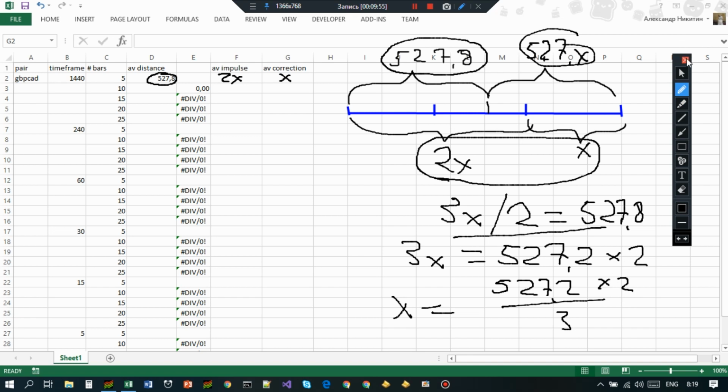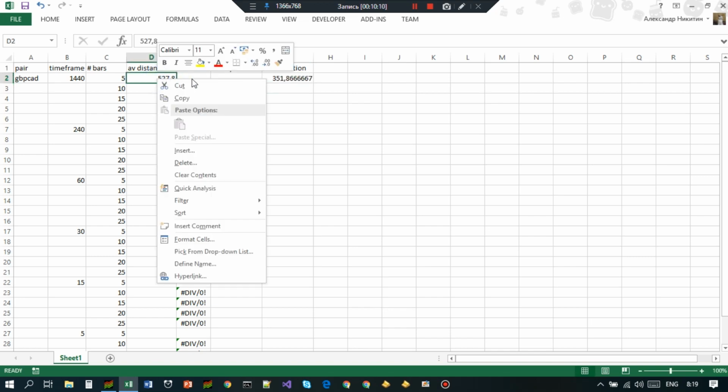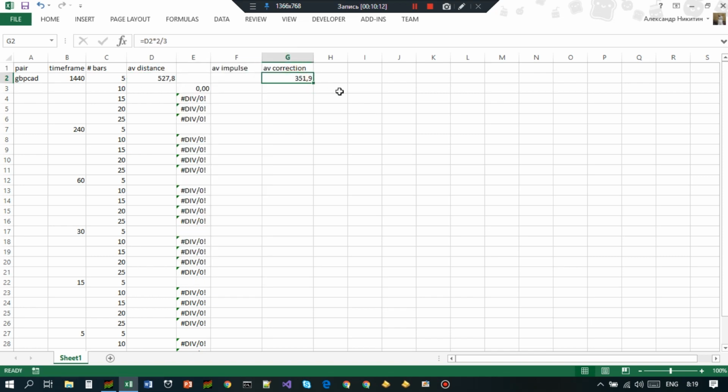Okay, now we know the formula. We need to multiply this by 2 and then divide by 3. So this equals this multiplied by 2 and then divided by 3. So this is our x, and let the x be of this format.